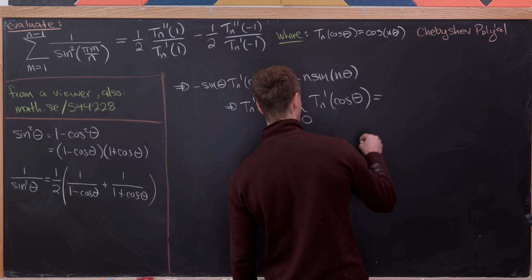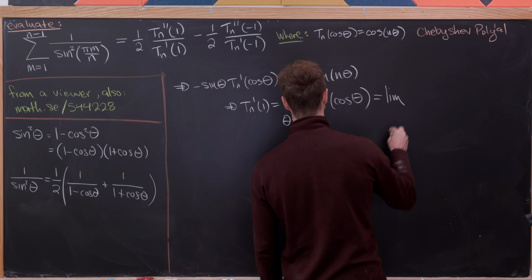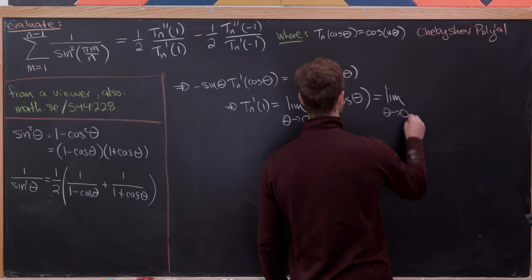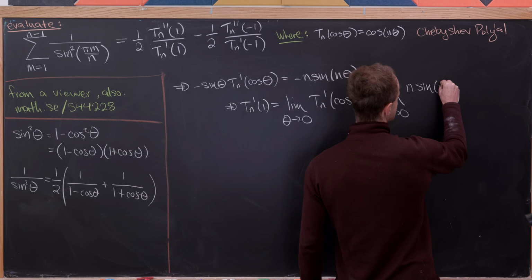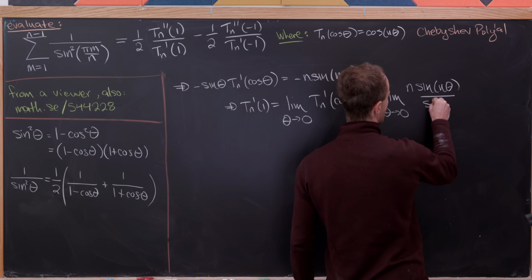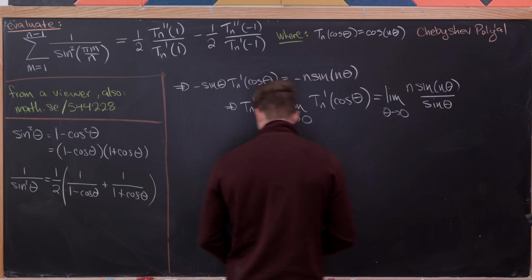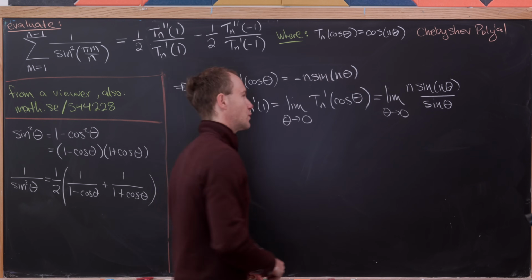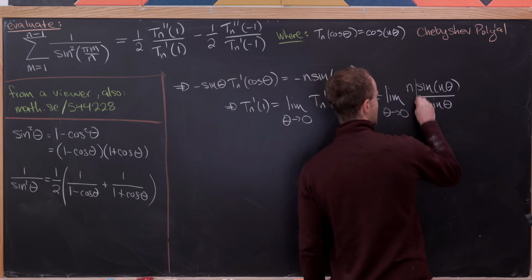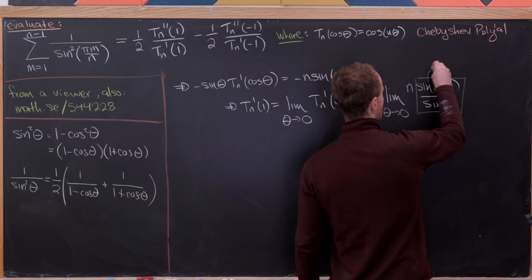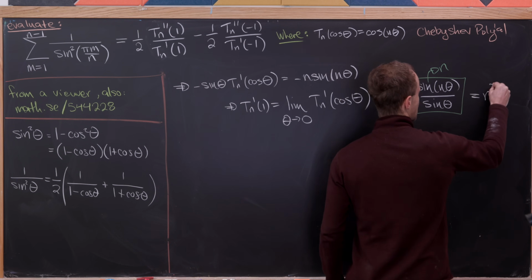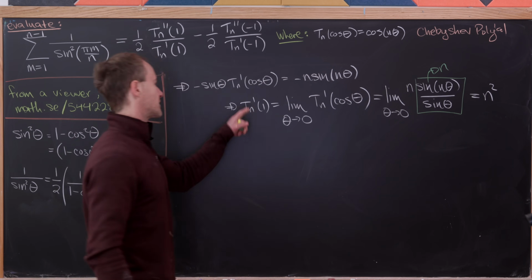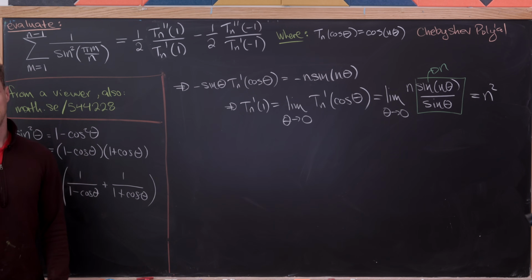In turn, that's going to give us the limit as theta goes to 0 of n times sine n theta over sine theta. But I think it's well known that sine n theta over sine theta has a limit of n. So that gives us a value of n squared for T_n prime of 1.